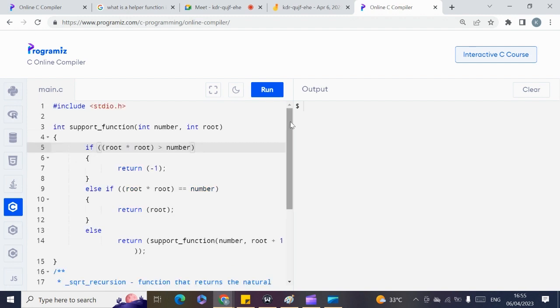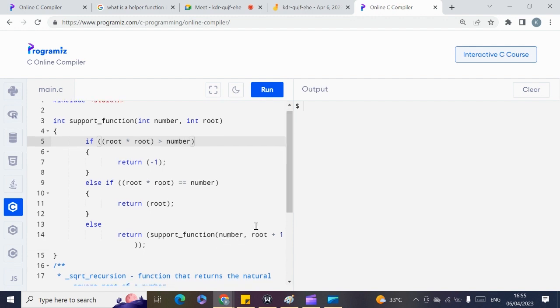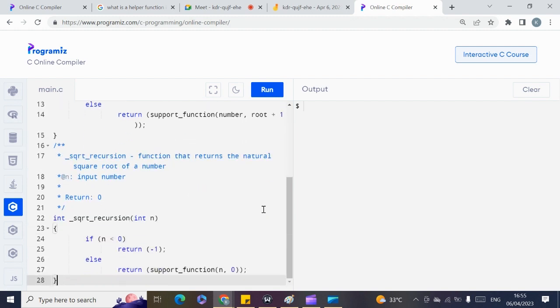No problem. So, I wanted to explain the last return for the recursive function, a prototype. The definition of a prototype. Yes.